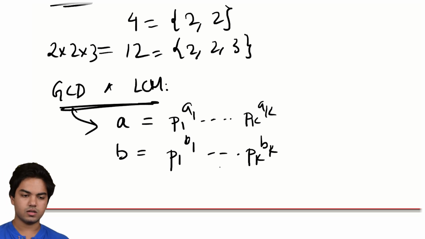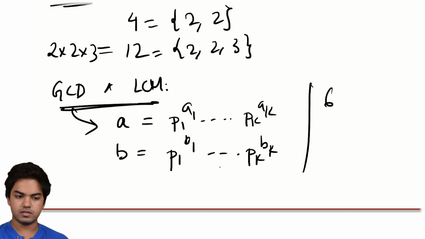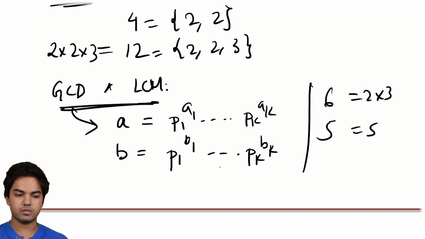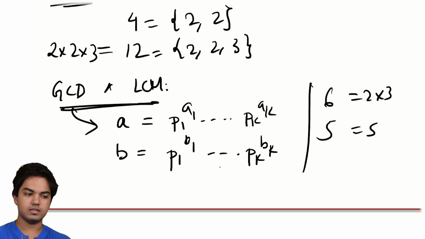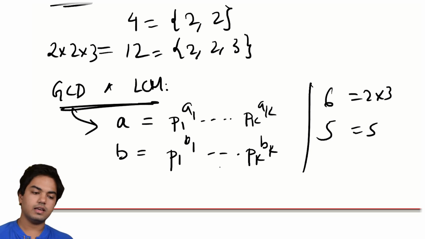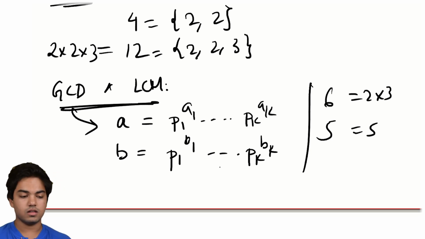How can I do this, you say? For example, if I take the numbers 6 and 5, 6 is 2 into 3, and 5 is just itself. Clearly, the set of primes is different here. What I do here, in this case, to make our lives easier, is drop the condition that the Ai need to be natural numbers. I let them be 0 as well.